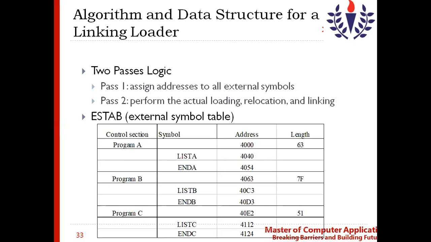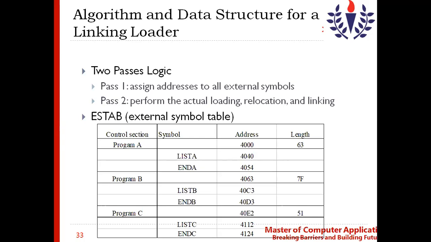The program A address is 4000, and in the define record the relative address mentioned for LISTA is 0040. So 4000 plus 0040 gives you 4040. This is the actual address of LISTA.